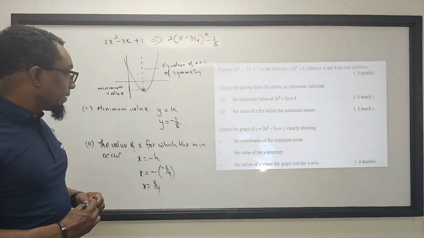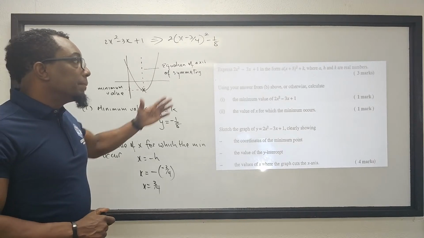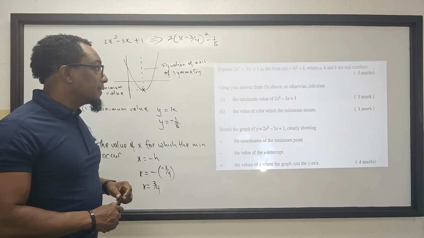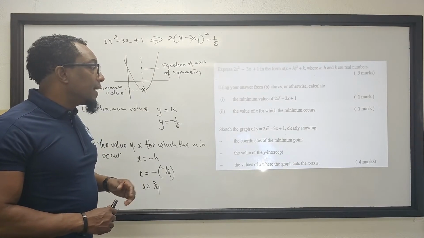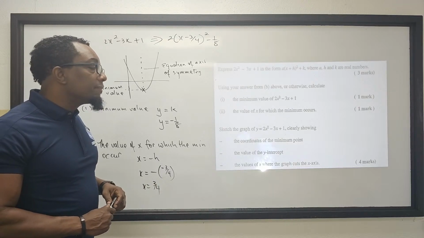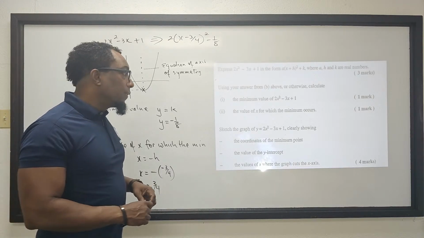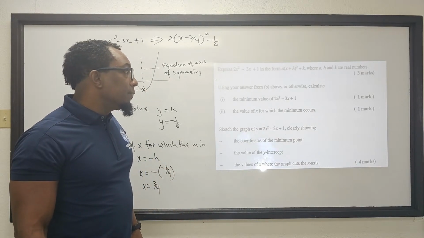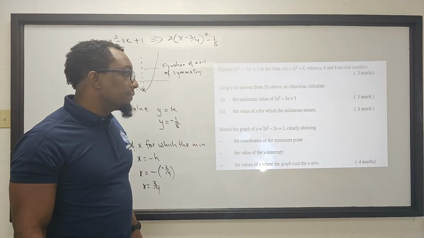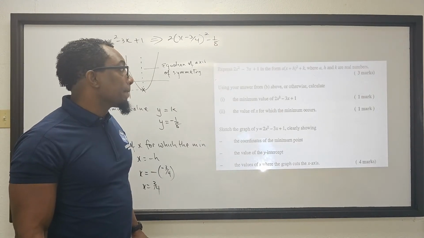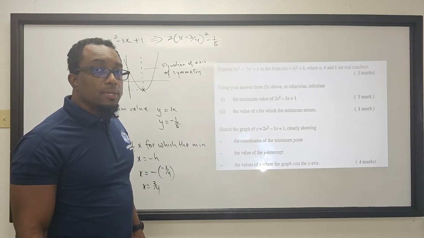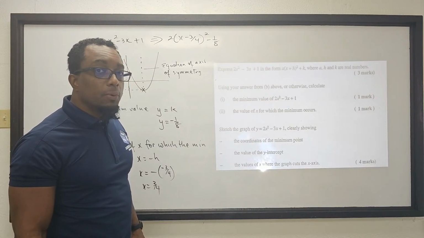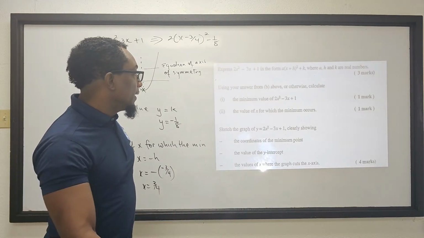Yeah? So we have completed part 1 and part 2, and now let's look at the third part where I want us to sketch the graph of the function, clearly showing the coordinates of the minimum point, the value of the y-intercept, and the values of x where the graph cuts the x-axis. So let's make sure we know how to sketch a quadratic function.